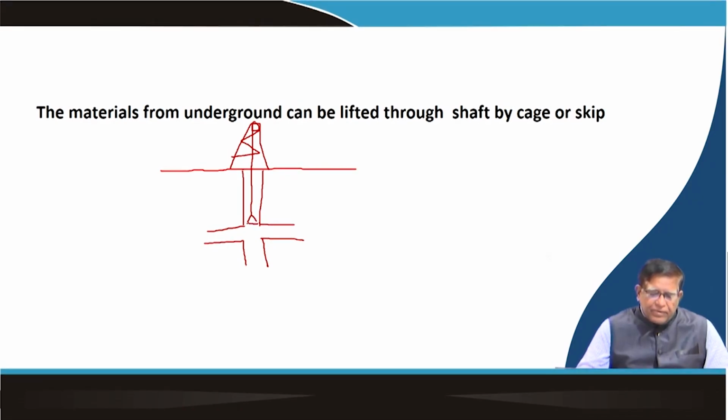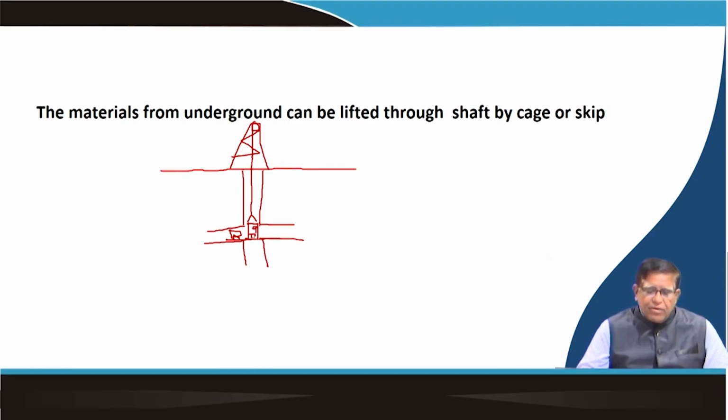Now, when this cage comes down here, this part will be connected with a rail. The mining car, which has been brought here by rope haulage or by locomotive haulage, will be pushed and kept over here, or the people who want to go can also come over here, and then it will be lifted.